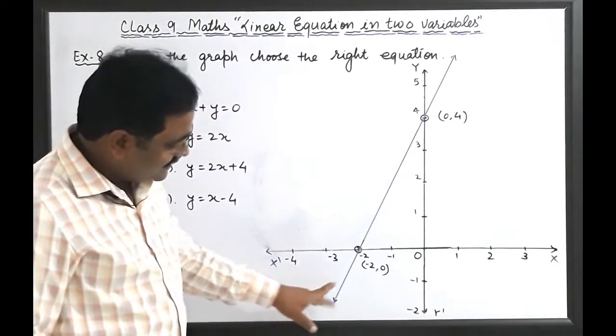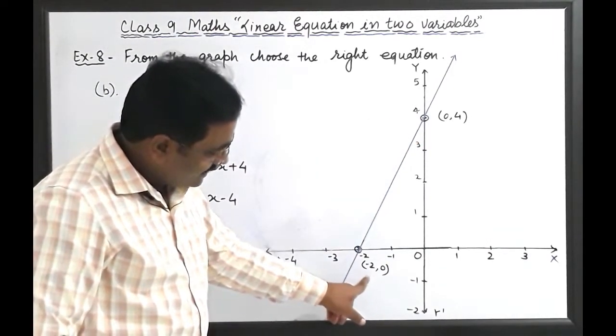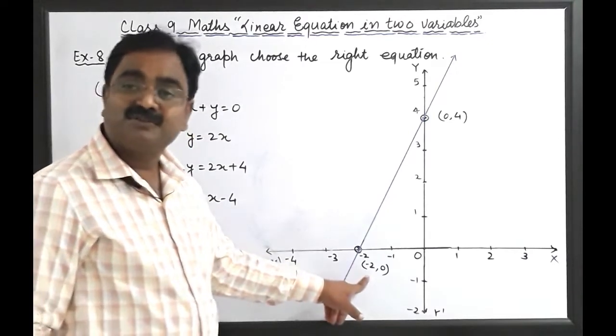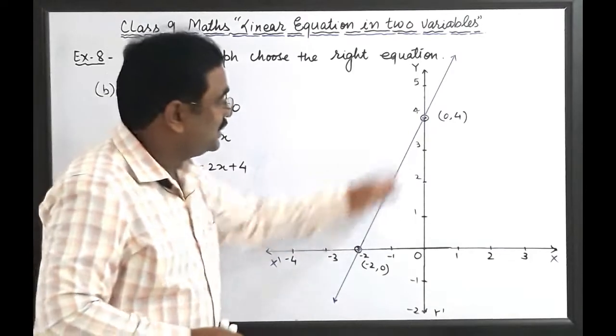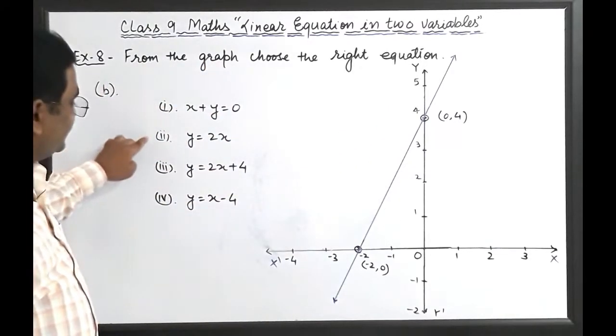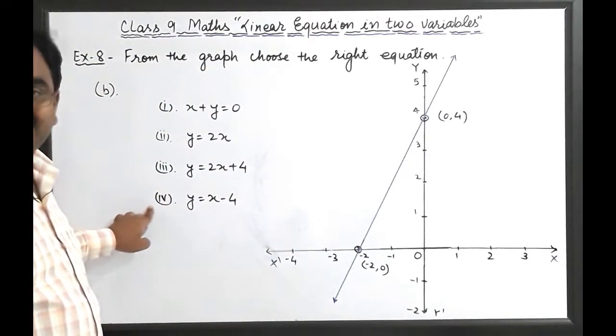And on the x-axis it is x is equals to -2 and y is equals to 0. So the question is, for this line which is the correct equation, right?